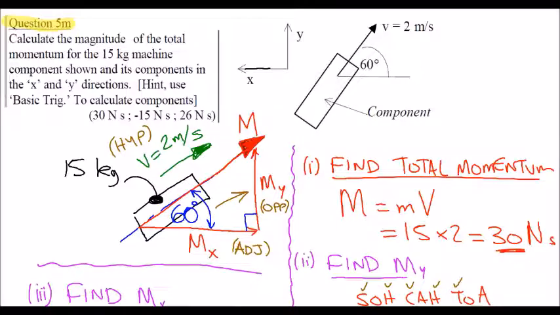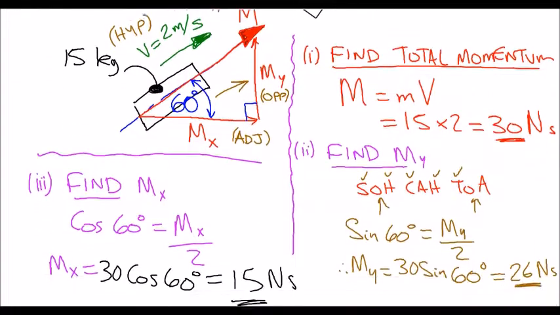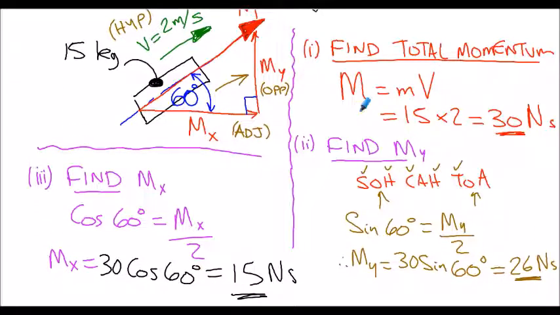Here are the calculations for the x and y components of momentum. Step 2, to find my. I'm sure most of you will see that the function you're going to need to calculate my will be the sine function, because I'm given the angle and I'm given the hypotenuse side of my triangle. But if you're not sure, you can always use the SOHCAHTOA mnemonic, which we mentioned in a previous presentation on basic trig.